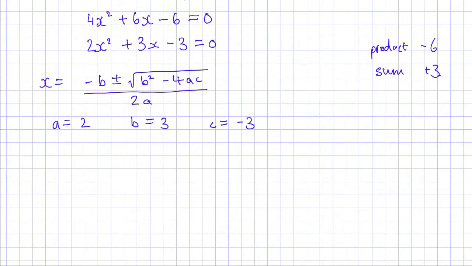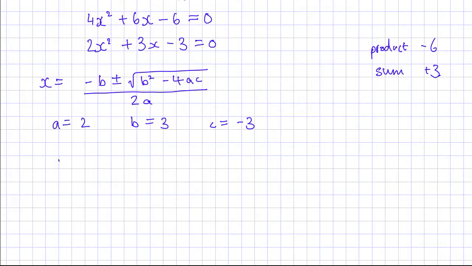Now once I've written that, I shouldn't just try and use my calculator and plug these values into these places and work it out, because I don't get method marks for that in a test. So what I'm going to do is write this again with my numbers substituted in, and that is worth method marks in a test.